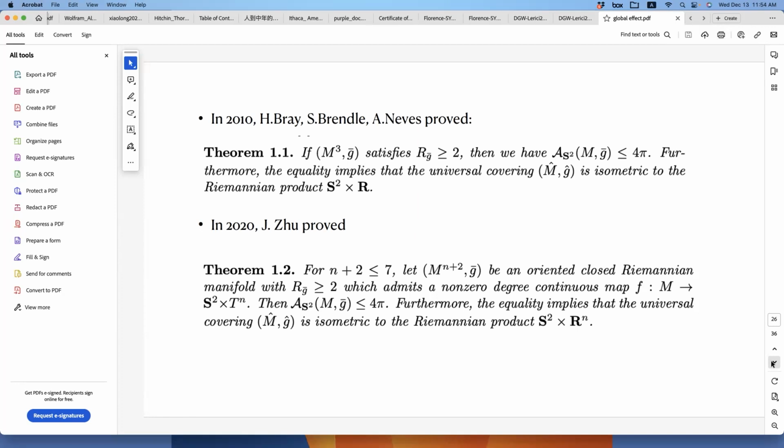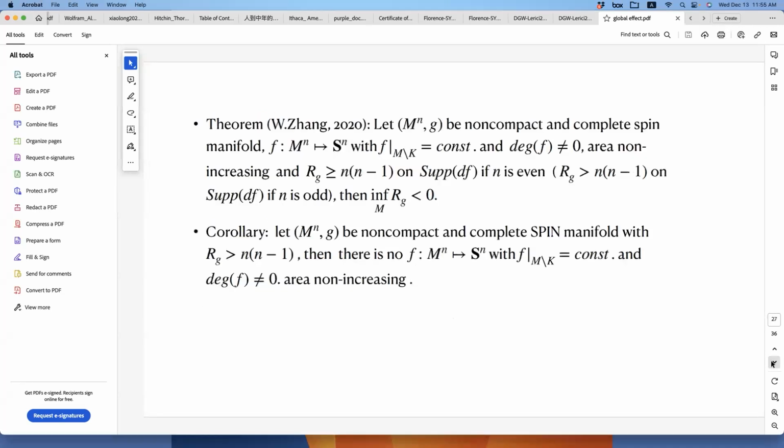Now, basically, those are two-dimensional problems, so they still need the Gauss-Bonnet formula. Three years ago, Weiping Zhang proved the following result. Let (M, g) be a non-compact and complete spin manifold, and f is a map from M to S^n, and f is constant outside a compact set.